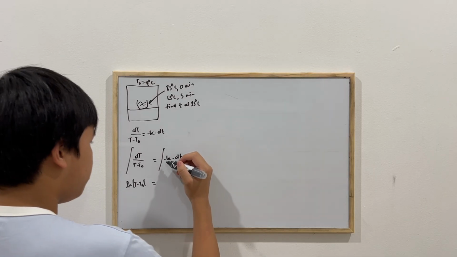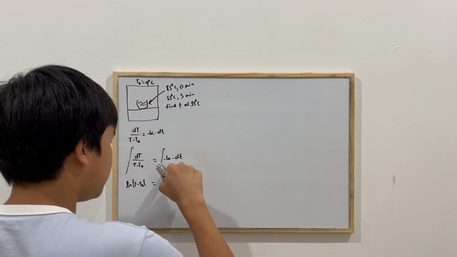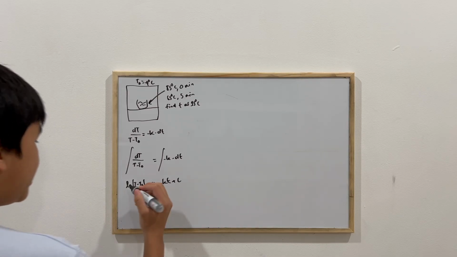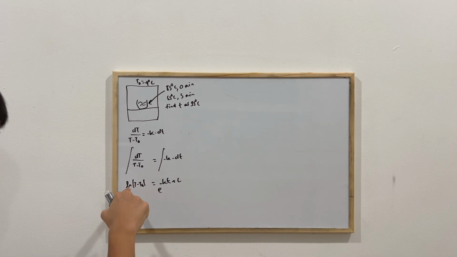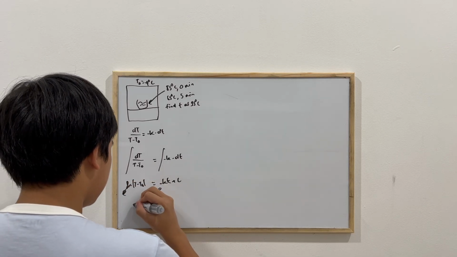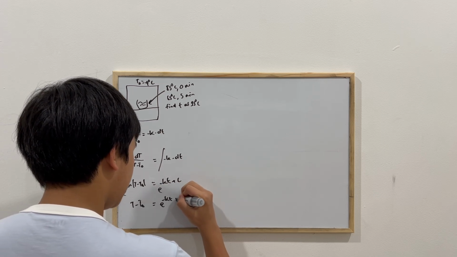This side is really simple to integrate. We're just going to apply a variable t to that because k is a constant, and then we're going to add plus c. We still need to isolate our variable T, so we're going to put e to both sides. Since this has a natural log, the e and the natural log will cancel out, which will give us T minus T0 equals e to the negative kt plus c.